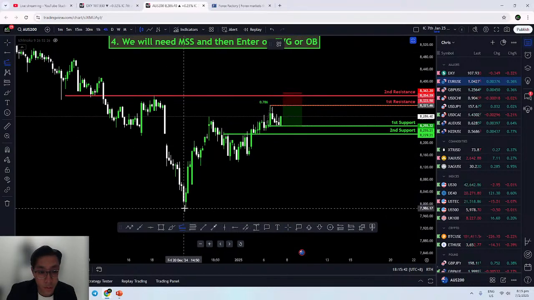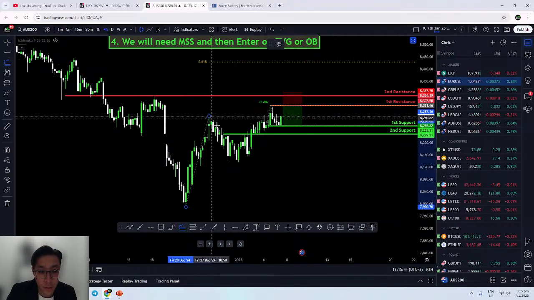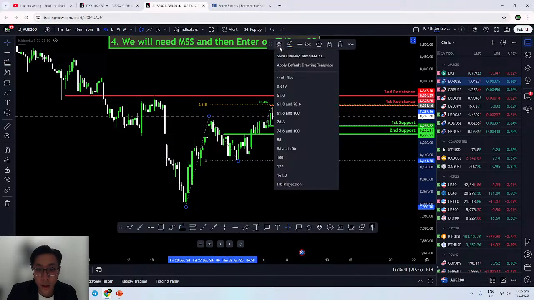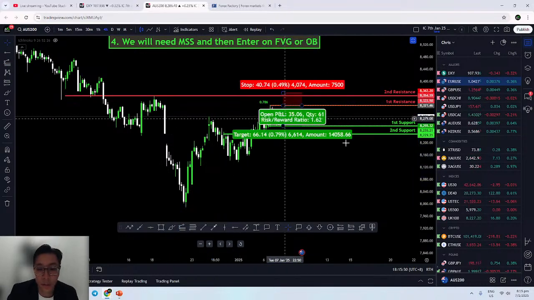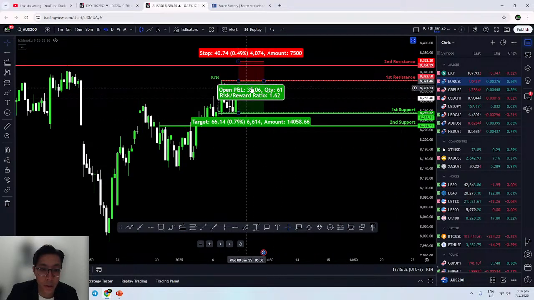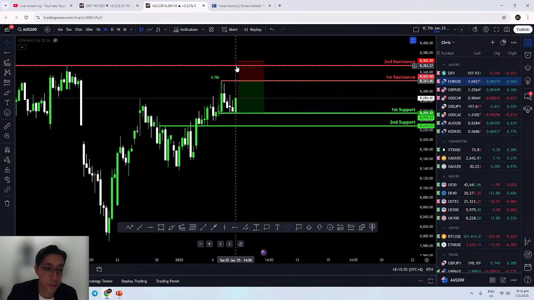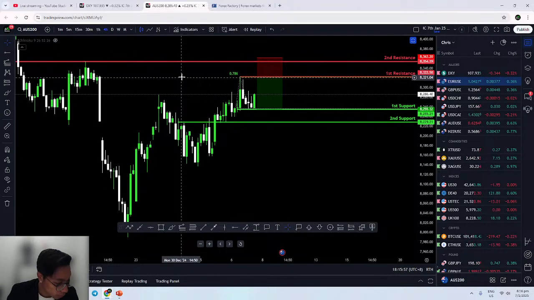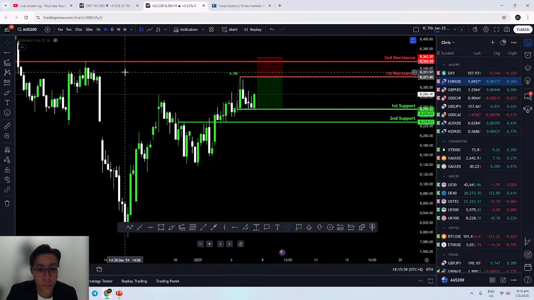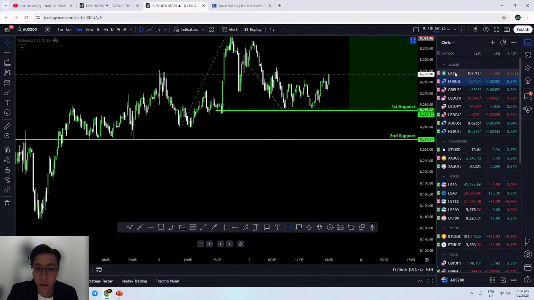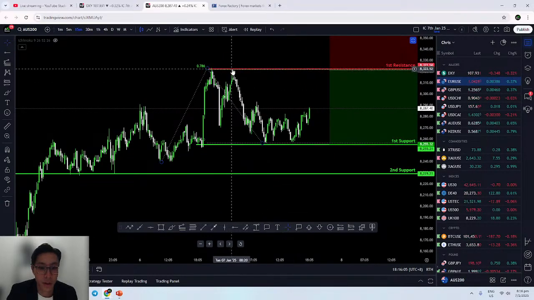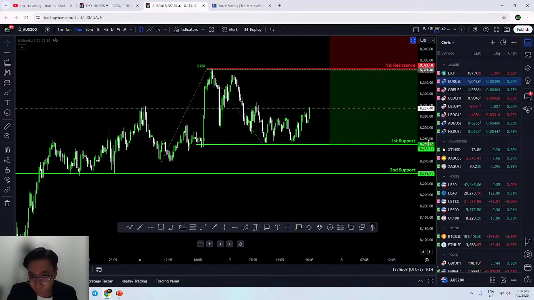If I draw from this high, they don't really align, so the only option I can look at is probably here or here. This is a really interesting pair that I've never really traded. But of course, 15 minutes is very bullish.